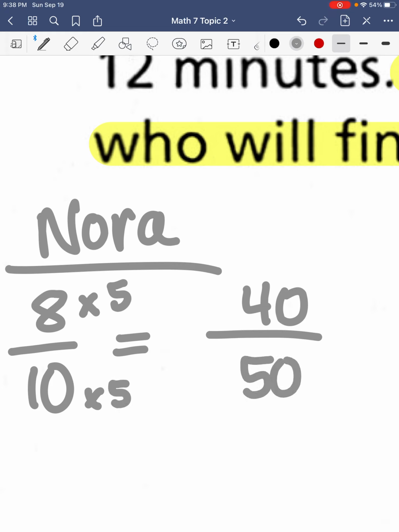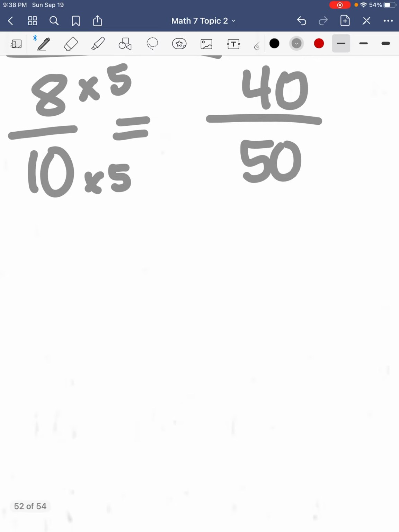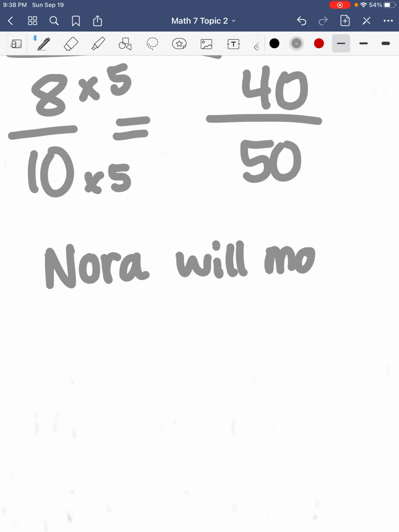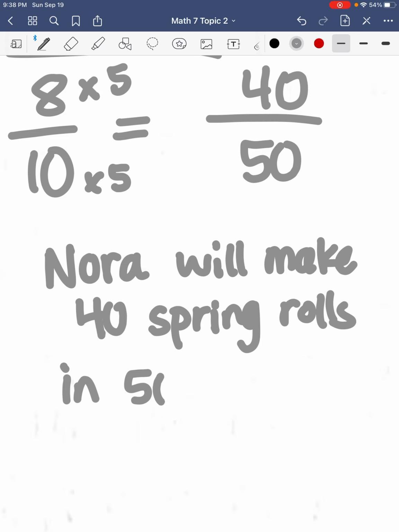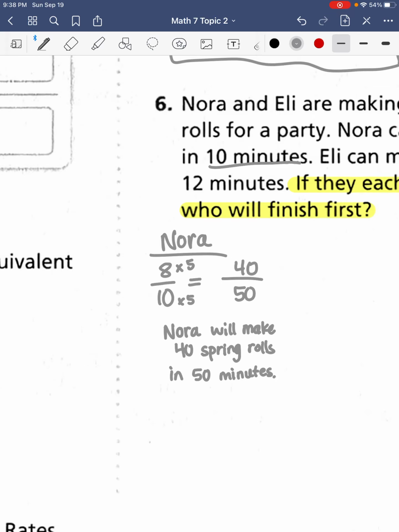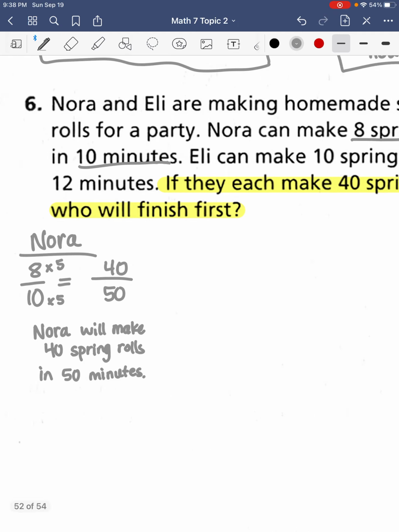So she'll make 40 spring rolls in 50 minutes. So Nora will make 40 spring rolls in 50 minutes.